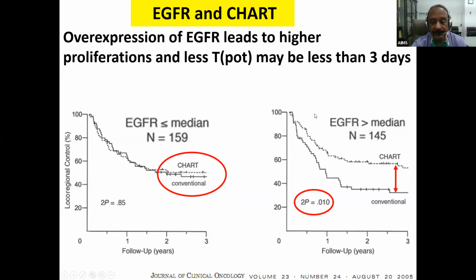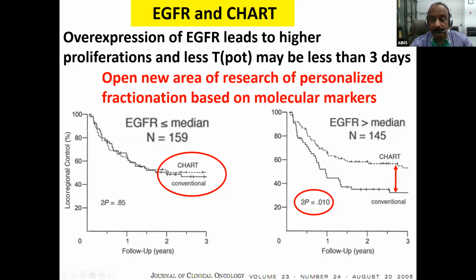That is the reason that in a very, very fast growing tumor, when you reduce the overall treatment time, then CHART will be better. And this opens a new area of research for radiation oncologists, and that is the personalized fractionation scheme based on molecular marker.